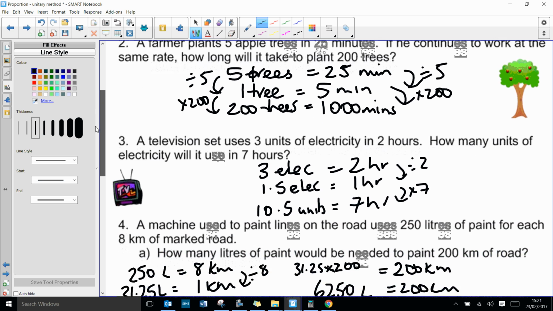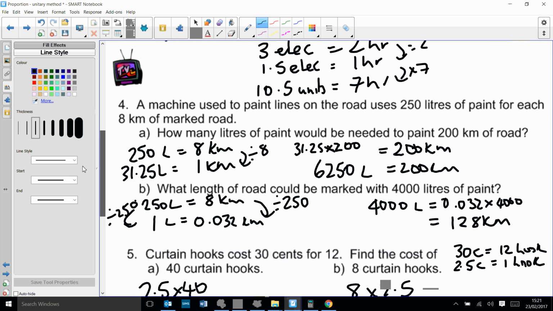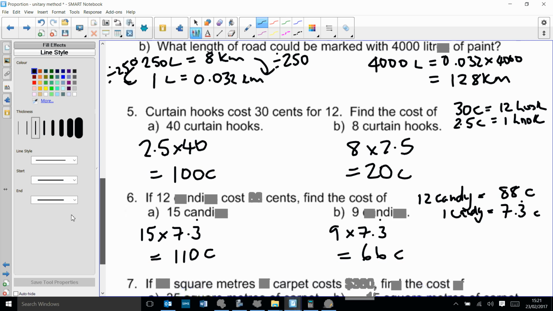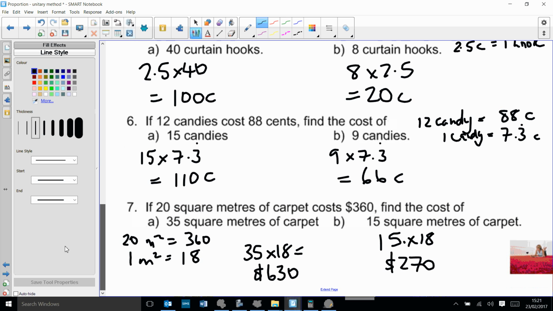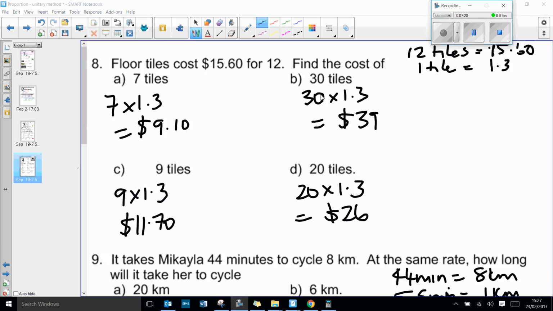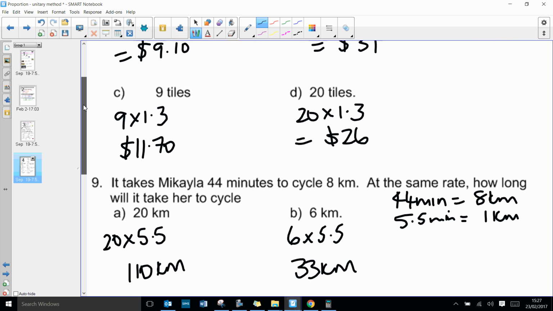I've tried to show working each time. And check your answers make sense. Okay, so check these answers and make sure you have them all correct.